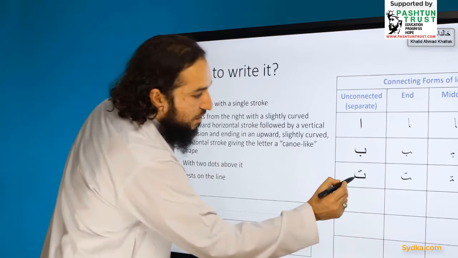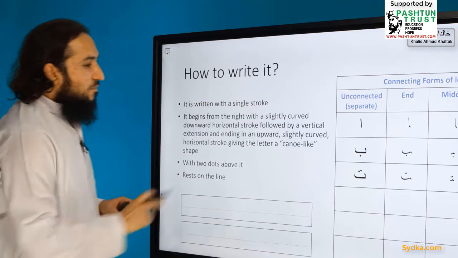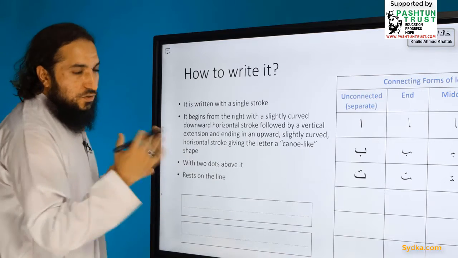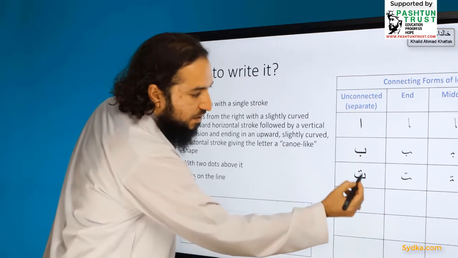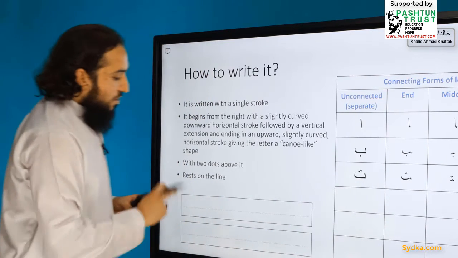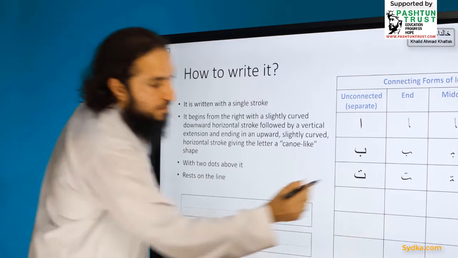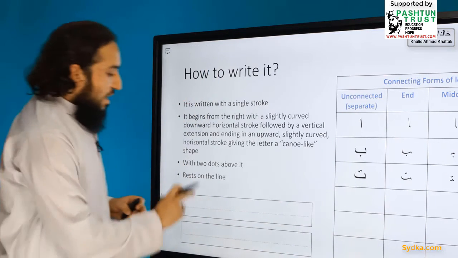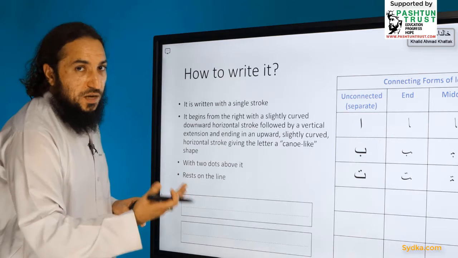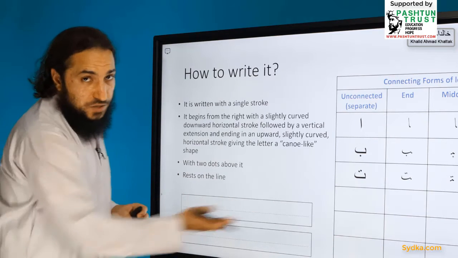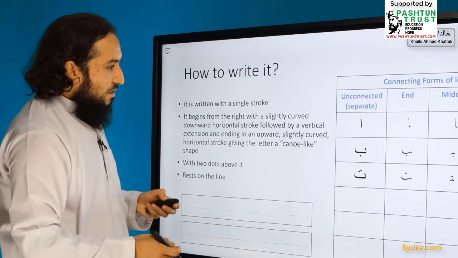The horizontal stroke gives it a canoe-like shape. It has two dots on top of it, and this one rests on the imaginary line.